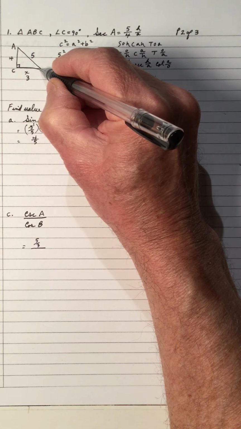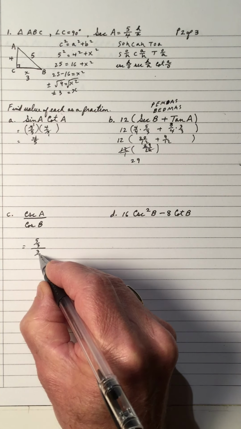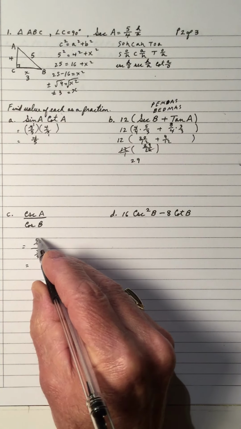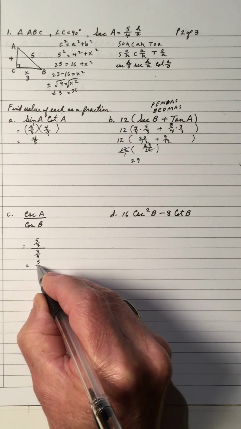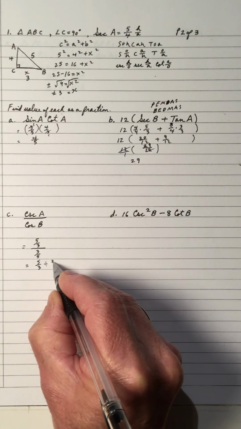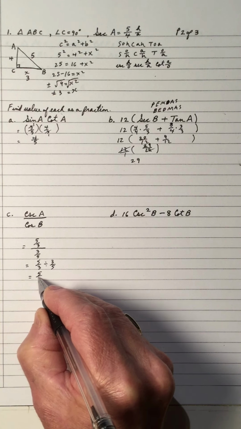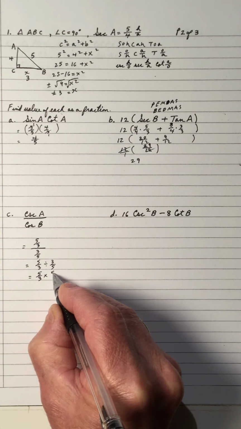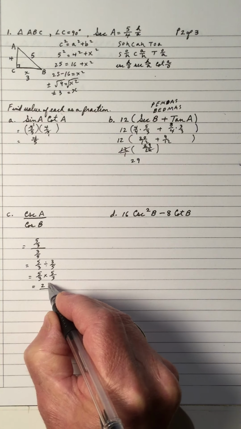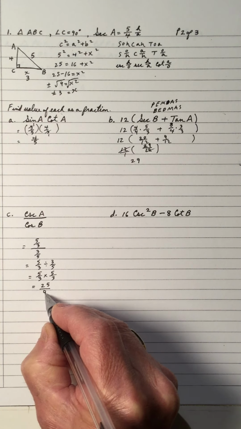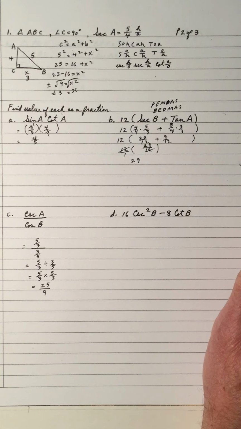So there's angle B, adjacent is 3 over 5. Because we're dividing fractions, I could write down 5 over 3 divided by 3 over 5. When you divide fractions, you multiply by the reciprocal, which is 5 over 3. 5 times 5 is 25. 3 times 3 is 9. That's simplified.